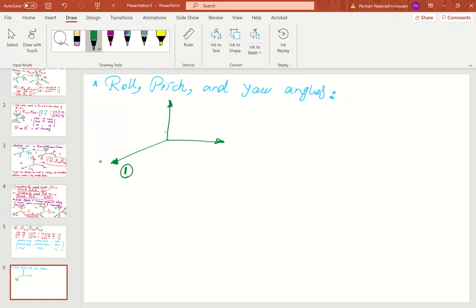If this is the body of your car, guys, for example, for visualization, that's right. So this is coming out of the body of the car. So I'm rotating. This is yaw angle. So we name it psi. Like as if your car is dancing, yaw.